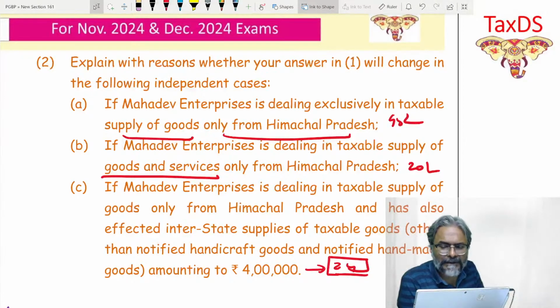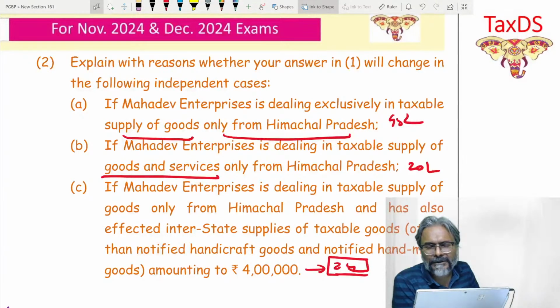So over here, if you see very carefully, we will say that 40 lakhs is the answer. And once the turnover crosses 40 lakhs, then within 30 days, the application needs to be made for the purpose of registration. And if he doesn't do so, then the effective date of registration will be taken from the date of actual registration. Is that clear to all of you students?